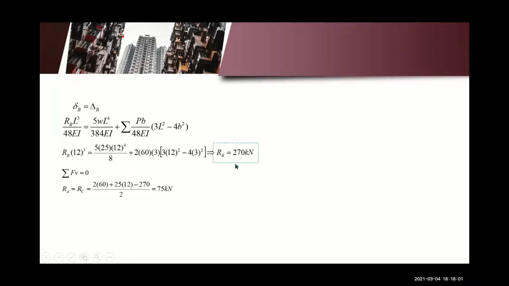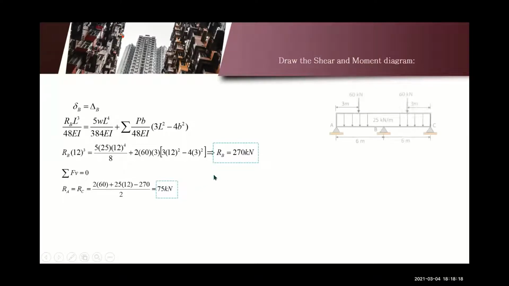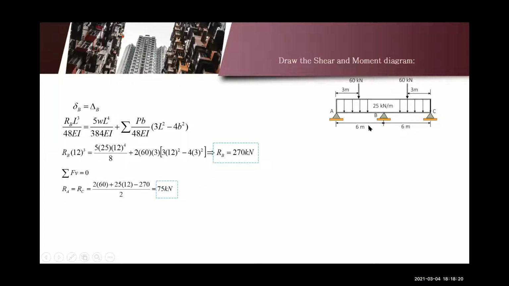Now, to get your RA and RC, since this is symmetrical, all you need to do is add all the forces, subtract it by RB, and then divide it by 2. The next step will be drawing your shear and moment diagram. Again, this was already taught in your structural theory 1.